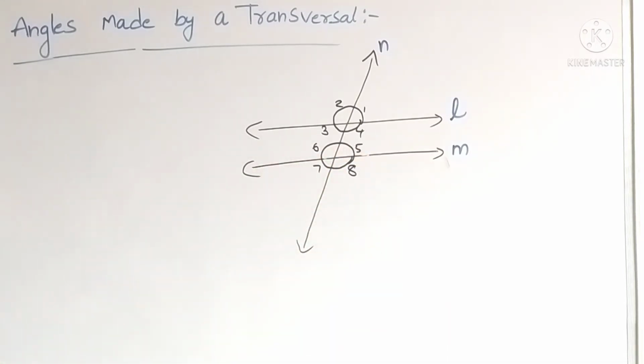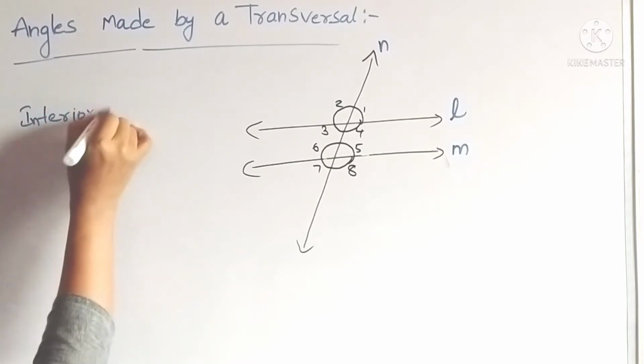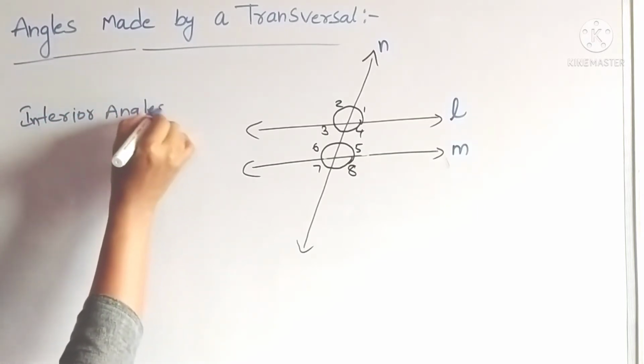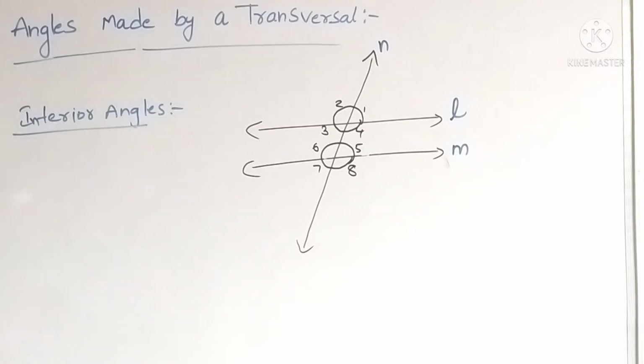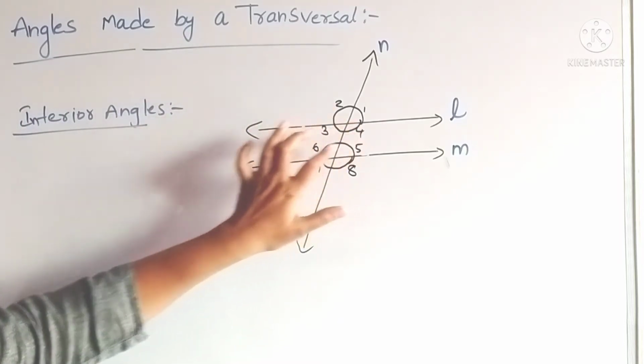Okay. So total how many angles are there now? 8 angles formed. Right. So first see what are the angles lying in between the lines? So ఈ లైన్స్ మధ్యలో ఉండేవి యాంగిల్స్ ఏవి 3, 4, 5, 6.